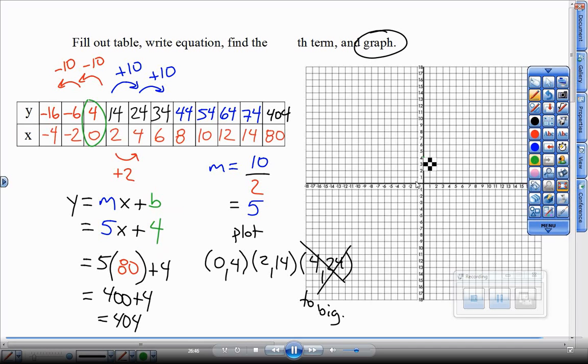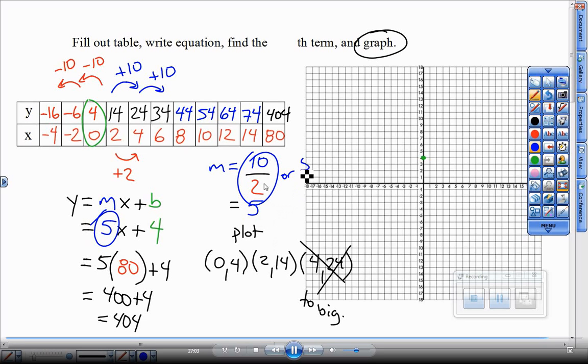So when x is 0, y is 4. And then from there, look at the change for each time. For each time x is going up by 1, y is going up by 5. 5, or the rate of change for this sequence, for this line, for this table, 5 is the same as 5 over 1.